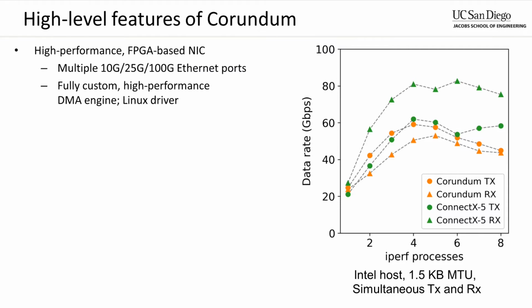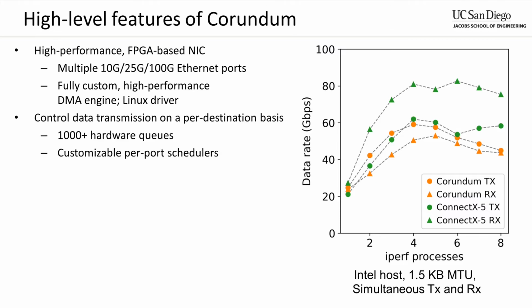Corundum is an open-source, high-performance FPGA-based NIC that supports multiple 10G, 25G, and/or 100G Ethernet ports. It uses a fully custom, high-performance DMA engine to support operation at 100 gigabit per second line rate, along with a Linux driver to connect to the Linux kernel networking stack.